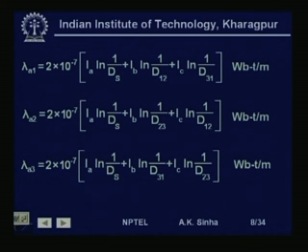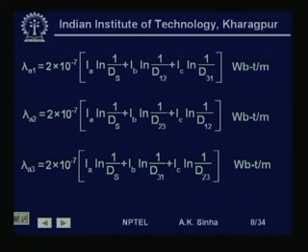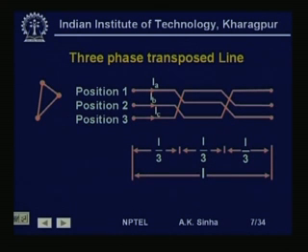So, it is I A log n 1 by d s plus I B log n 1 by d 1 2, because in this first 1/3 position, current I B is flowing in conductor 2, and here we have the distance d 1 2. Similarly, plus I C log n 1 by d 3 1, where I C is flowing in this conductor, and the distance between them is d 3 1.